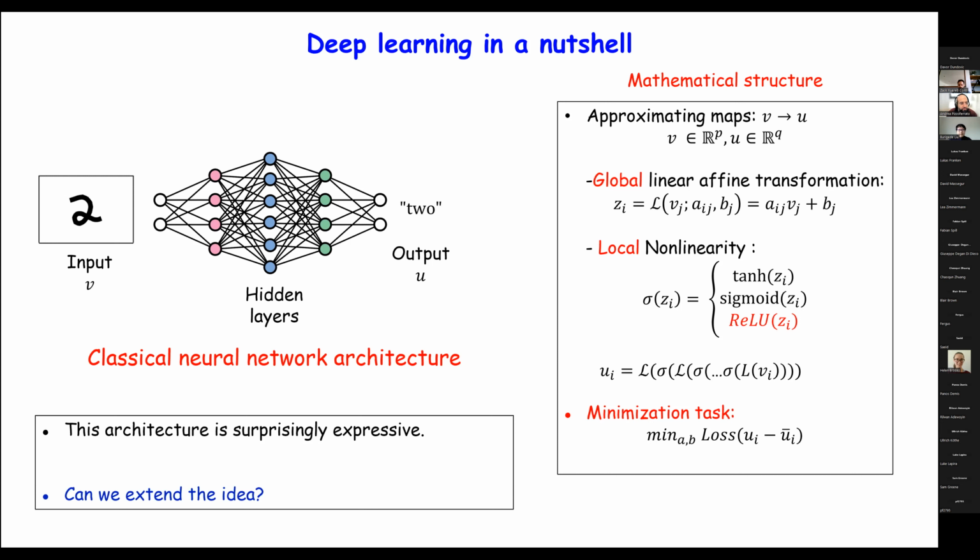Therefore, one of our driving ideas is: can we extend the idea of neural networks and make it work in infinite dimensional spaces? If we can construct architecture in function spaces, it can become resolution independent, meaning I can train it at one resolution and then use it at all other resolutions without the need for retraining. So that's the key idea and motivation.